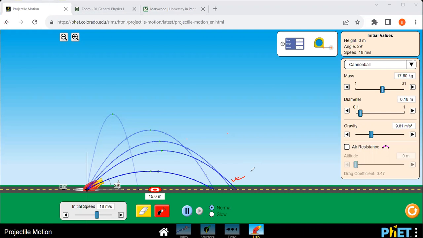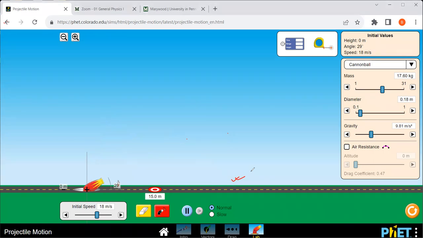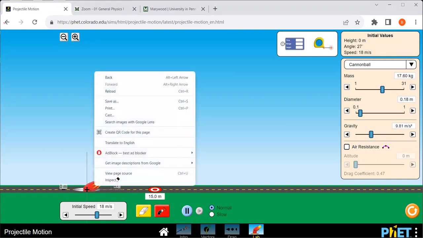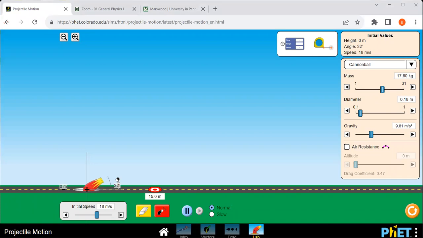Another thing I want to show you here is this one. So this is 30 degrees.